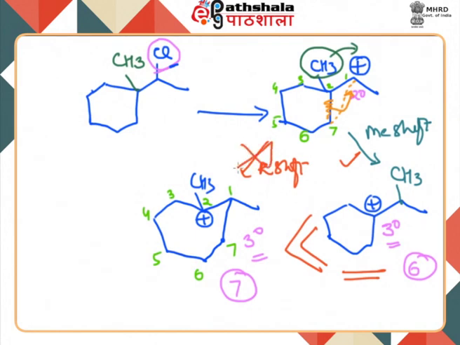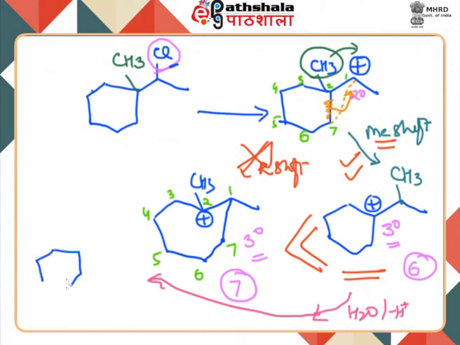So this is not going to happen, and rather it is the methyl shift which is going to happen, and the further product, when it is attacked by water followed by deprotonation, will eventually give us this 6-membered product where the OH will be attached at this position where the carbocation was there.